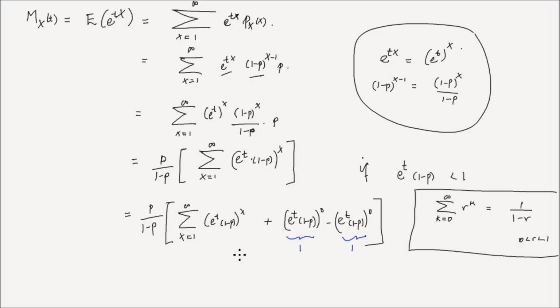If I include the added term with the rest, I would have p divided by 1 minus p times the sum, x now starting from 0 to infinity, of (e to the power of t times 1 minus p) to the power of x, minus 1.